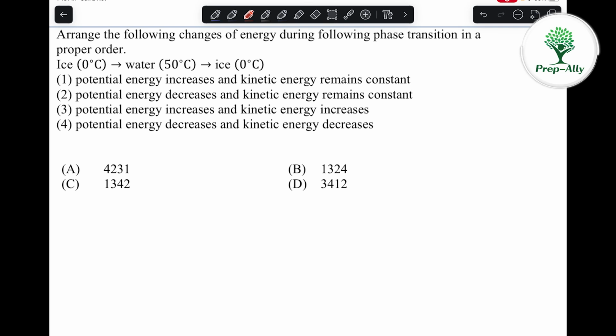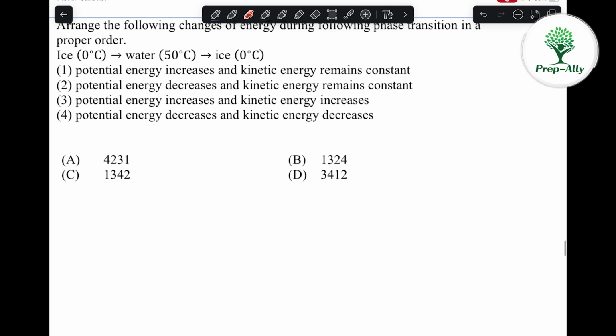Arrange the following changes of energy during the following phase transition in a proper order. So what they have given is, I have an ice cube which is at 0 degrees Celsius. First it has to melt, right?